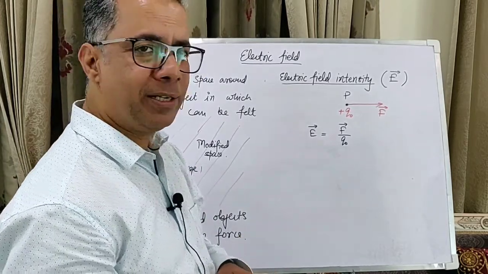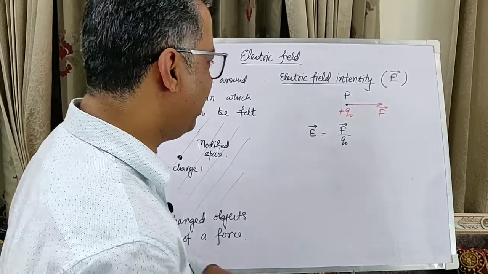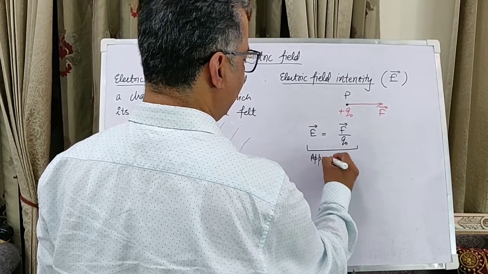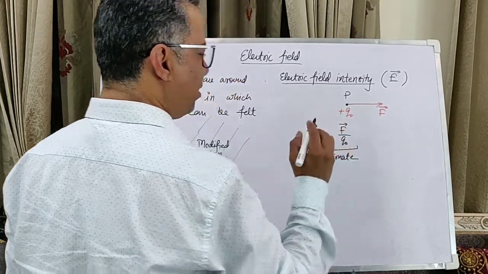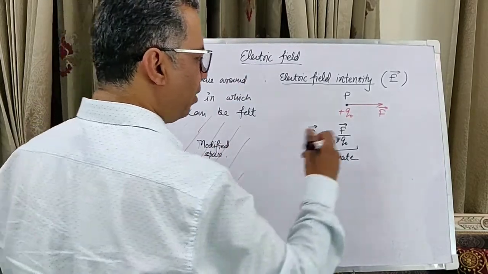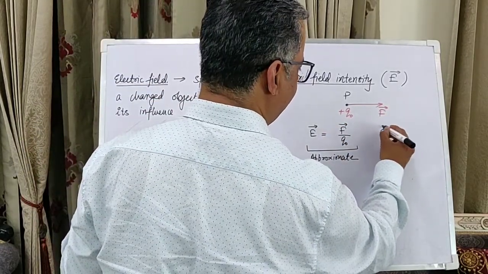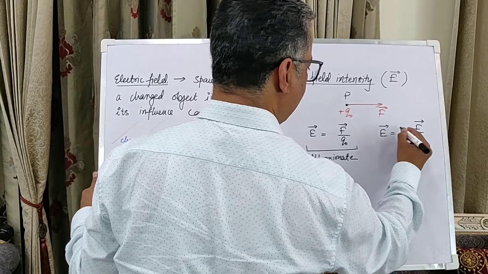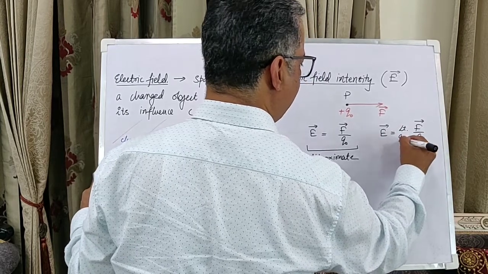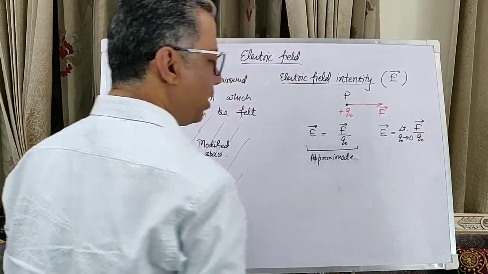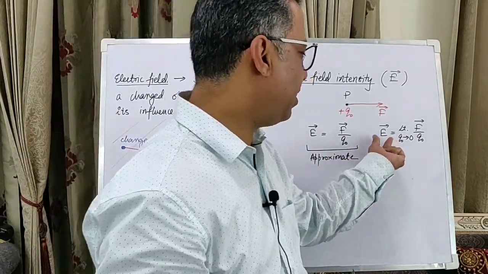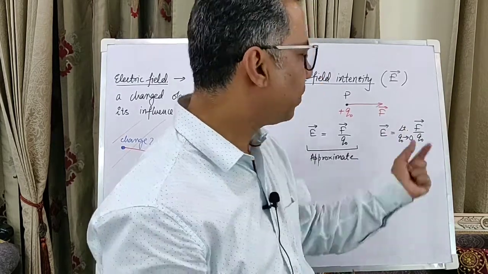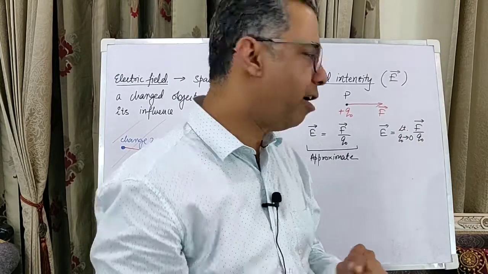So this definition is kind of approximate. To get a more accurate definition, we say that the electric field intensity is F divided by Q0, while we take the limit of Q0 tends to 0. What that means is that we are taking a very, very tiny test charge Q0.